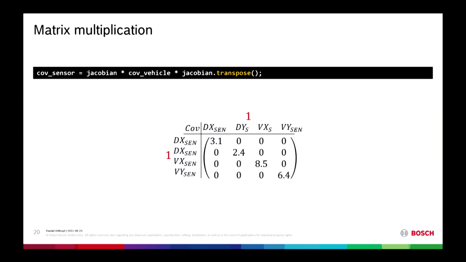At the top here, I ran out of space, so these y and vx indices are also in sensor frame. And that's also the value that we're assigning to here on the left-hand side of our equation. So we're assigning that to covariance in sensor frame, and that's exactly the result that we have here. So everything is checked by the library, and this is a valid operation. And if any of these conditions would not be satisfied, of course, the user gets again a static assertion.